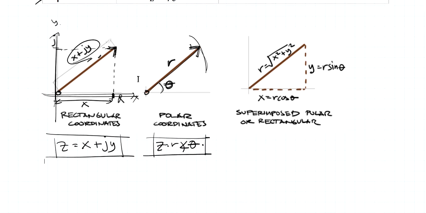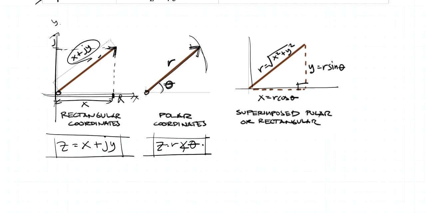Okay, so how do we convert from one coordinate to another? Let's superimpose the x and y here, and we also put the polar coordinates here. What we can see is actually a right triangle. Whenever we have a right triangle, we can apply the Pythagorean theorem as well as the trigonometric identities to find the values we are looking for.